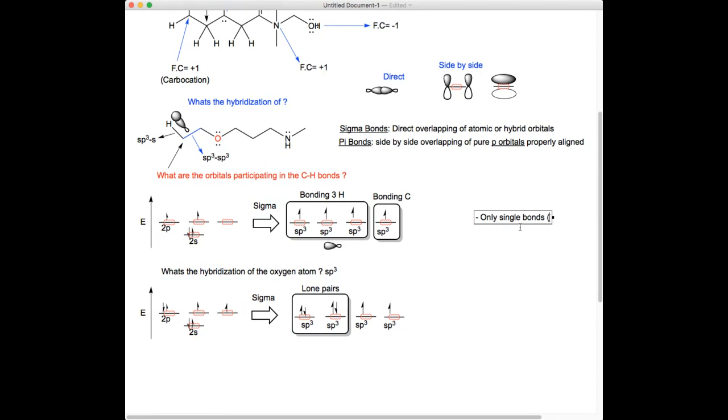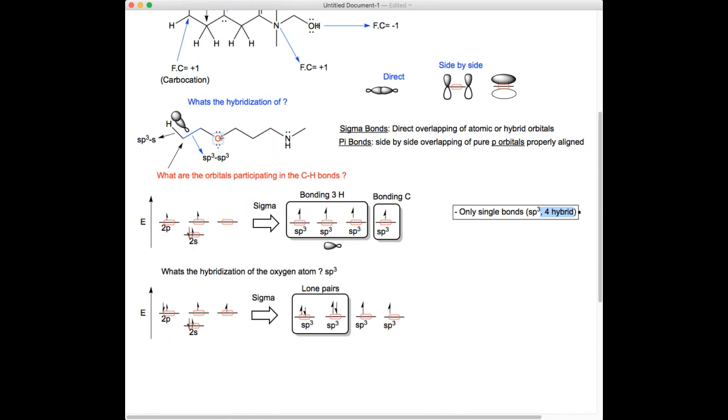sp3. And whenever we talk about sp3 hybridization, how many hybrid orbitals are we talking about? 4. Always. That's all you need to know.